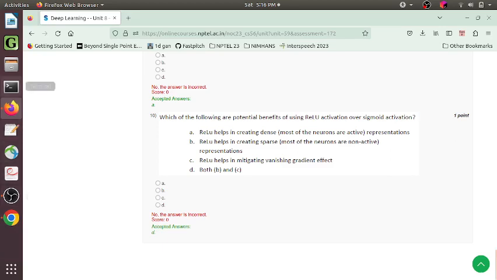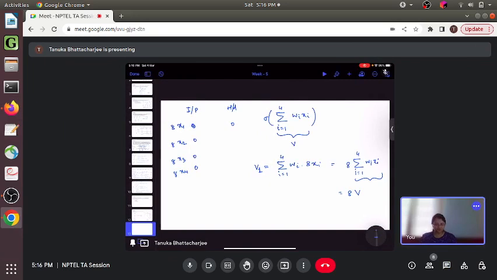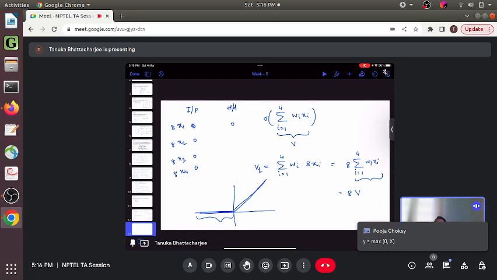So sparse representation, in the sense, if you see the ReLU function, for the negative portion your function value is 0, for the positive portion you have the unit slope line. So whenever your neuron's output is in the negative portion, you are basically getting 0 output. So sparse basically refers to that you have a lot of zeros in your representation.